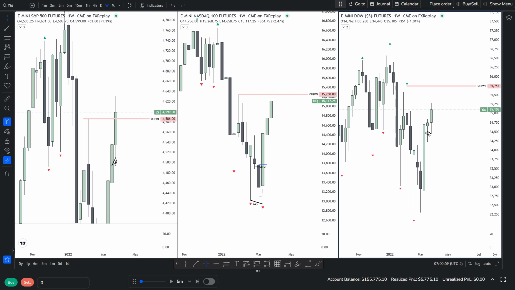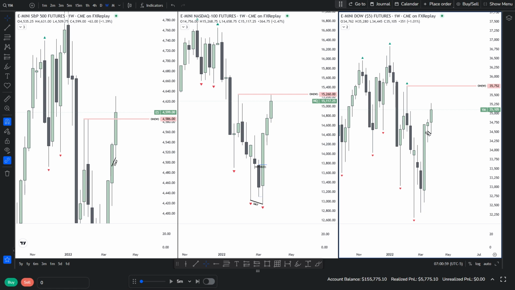Until that forms, my preference would be seeking higher prices for the market to make a deeper purge of the old high weekly.